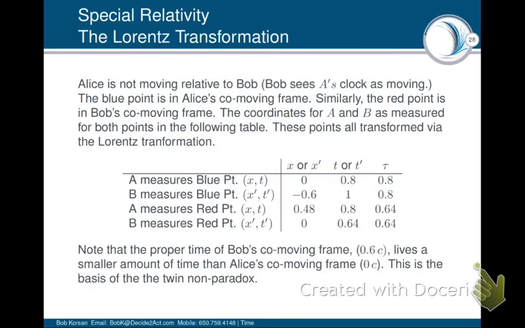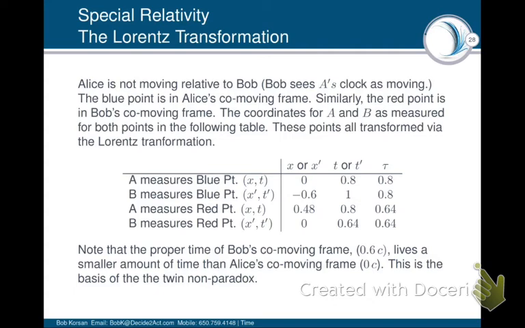Okay. Now, when you compute the position of Alice, x and t in blue, you will get 0 and 0.8. And of course, since there's no positional movement on Alice's part, the proper time is simply 0.8.